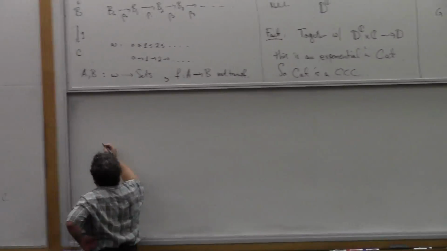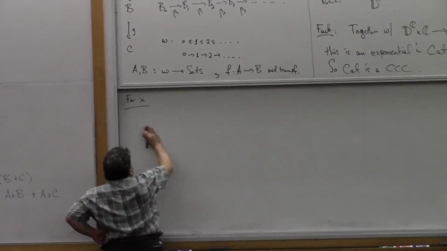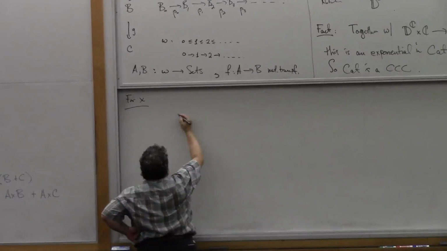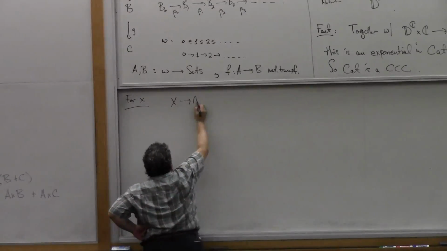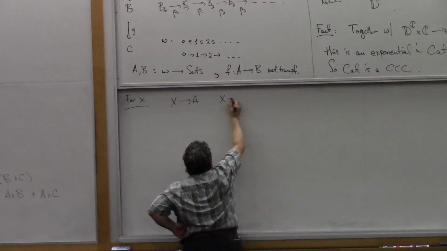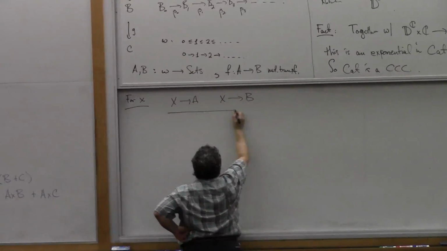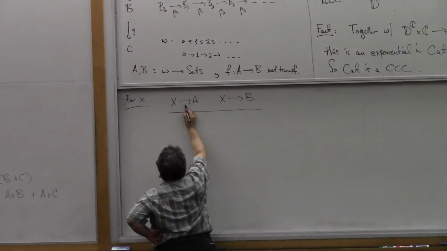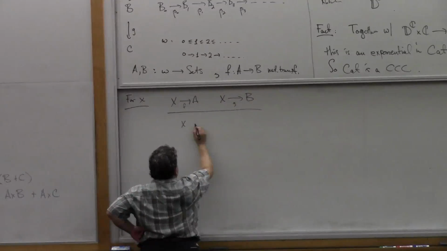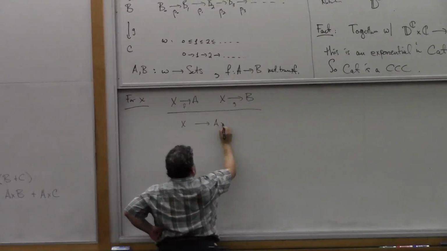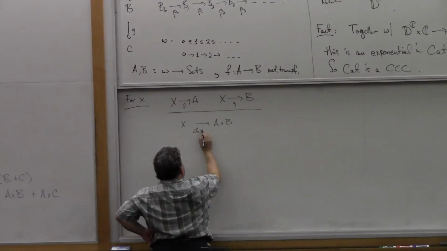So for example, for products, we said a product is a thing that looks like this. If you have any X into A and another X into B, well, a pair of maps like that, an F and a G, determine a map from X into the product, which we called (F,G).